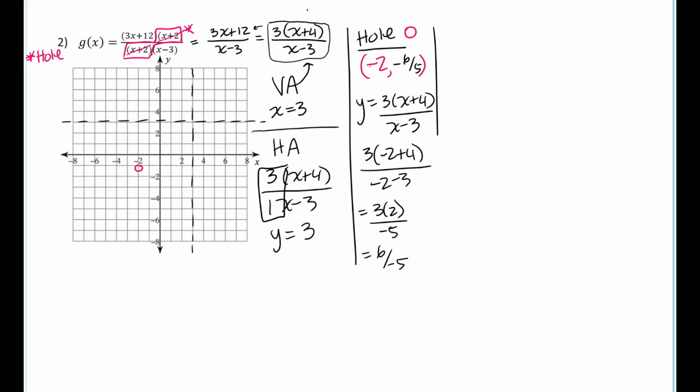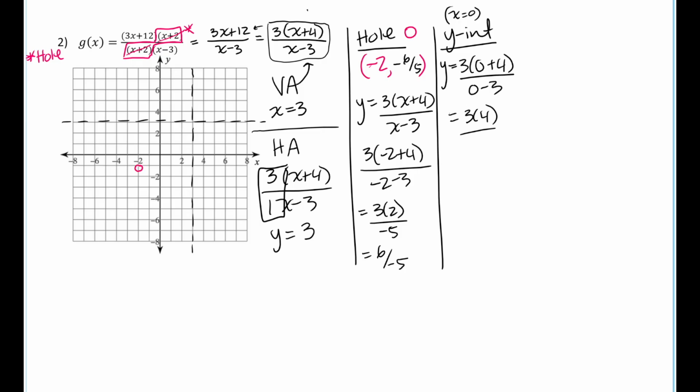All right, let's go ahead and find the y-intercept by making x equal 0. All right, the equation is 3 times 0 plus 4 over 0 minus 3. So 3 times 4 over -3. 12 divided by -3, which is -4.